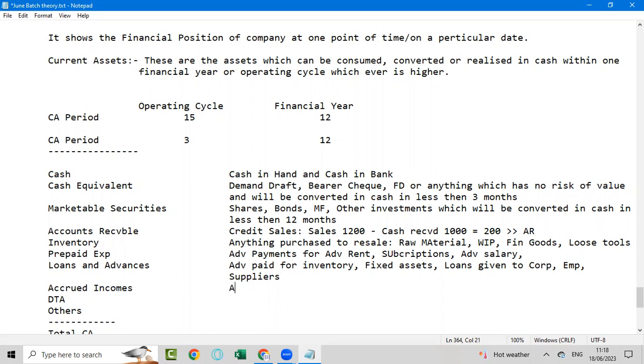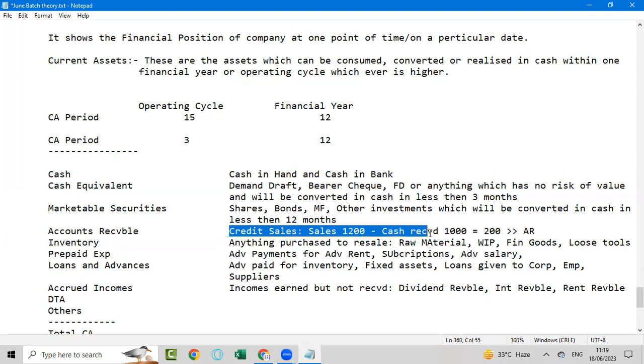Accrued income. These are incomes earned but not received. What does it mean? You have earned it, but you have not received it. Something like dividend receivable, interest receivable, rent receivable, or any other kind of receivable, but other than trade receivable.